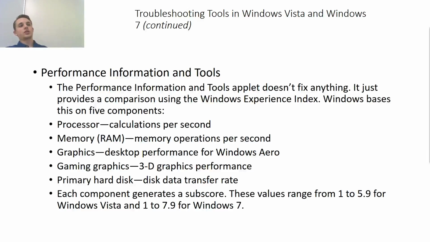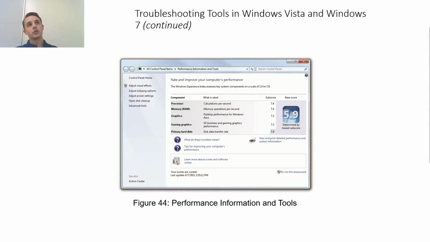Performance information and tools, these are just some of the things that it has the capability of showing you. It kind of grades the performance of your PC, and the lowest number is what your grade ends up being. It doesn't really mean much. I remember when it first came out, people were like, oh, my computer scored a 7.2.